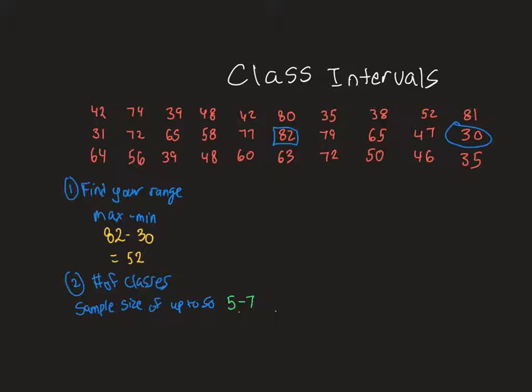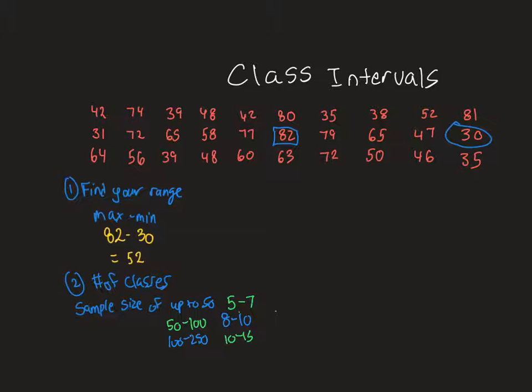If you have 50 to 100, you're going to want 8 to 10. And if you have 100 to 250, you're going to want 10 to 15.